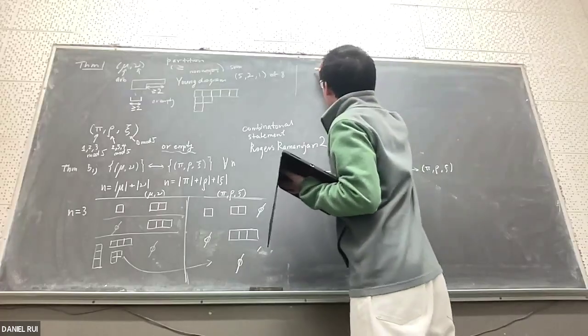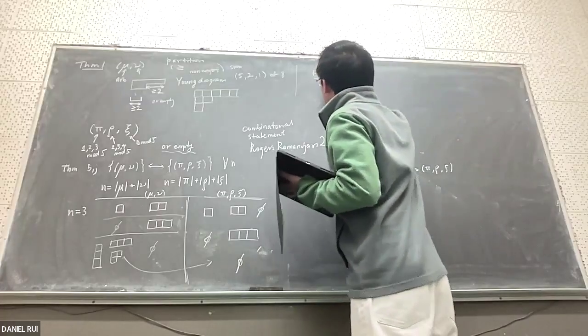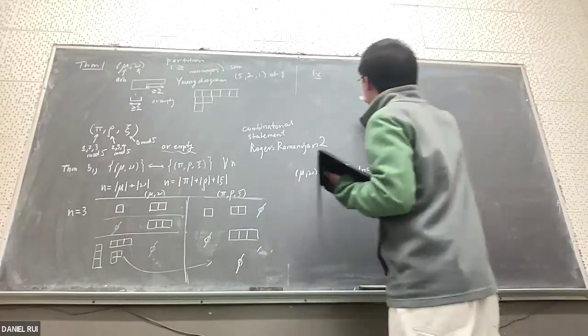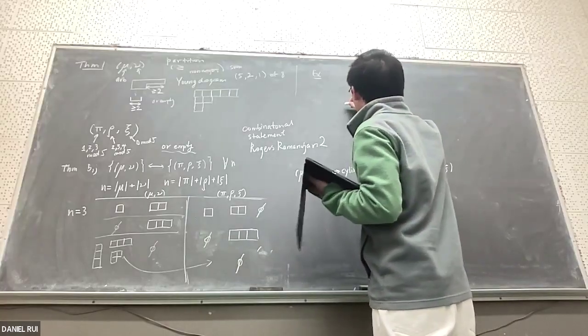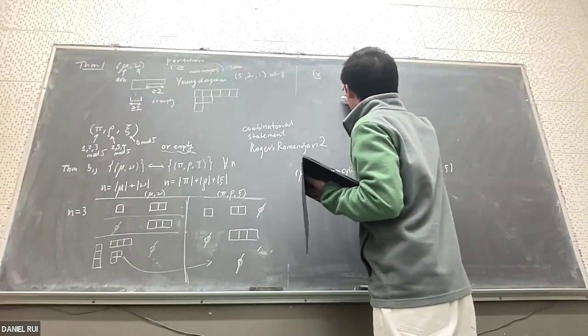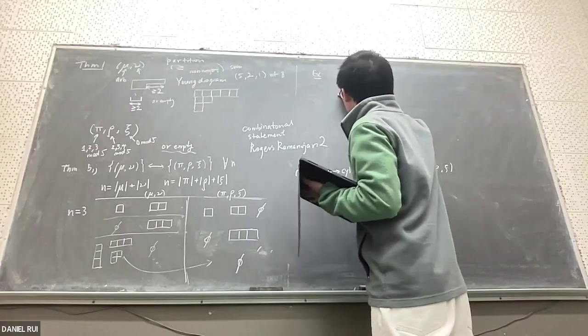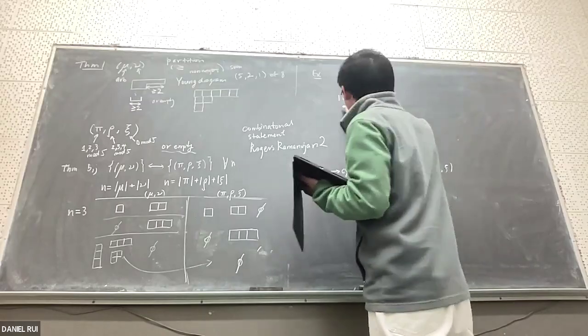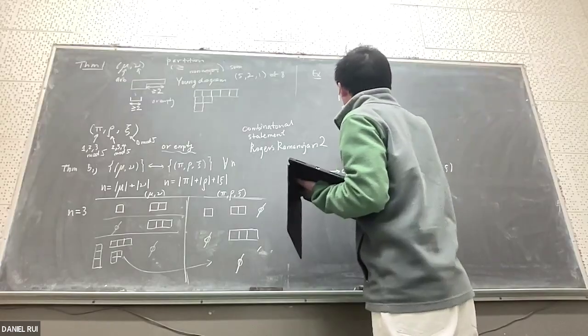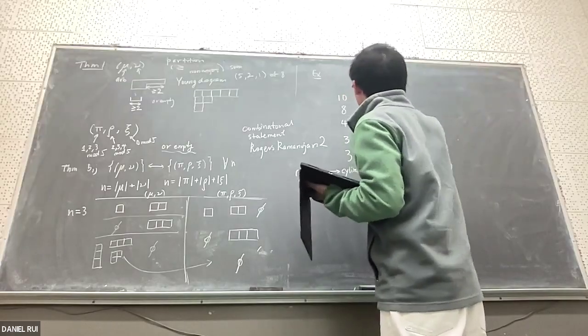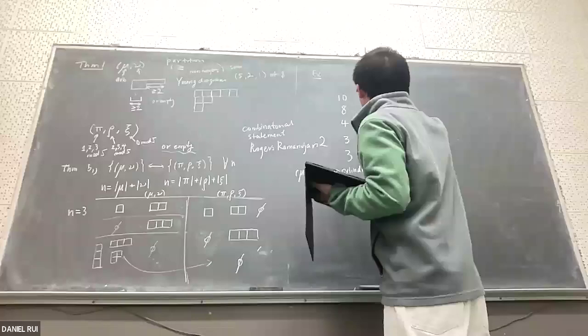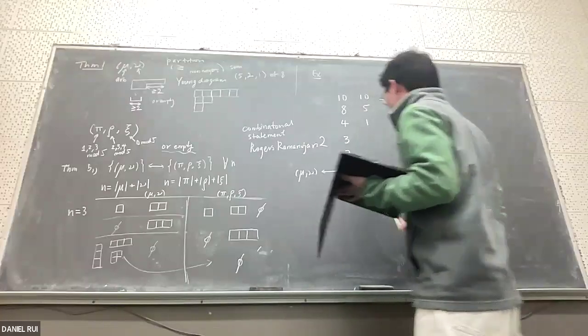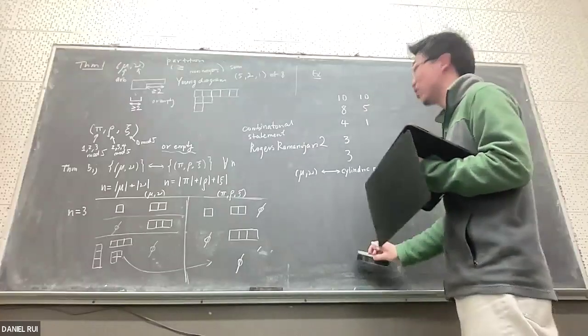So we will have a running example, and the running example will be the following guy. It goes 10, 8, 4, 3, 3, 10, 5, 1. Okay. Rather mysterious.